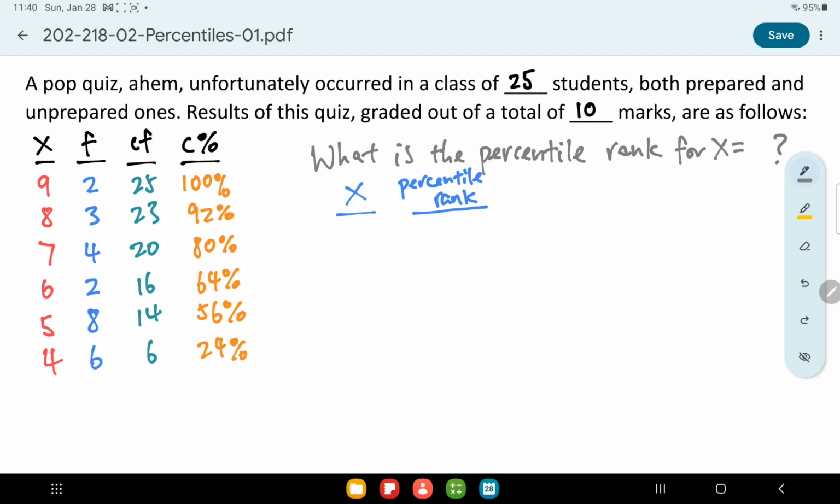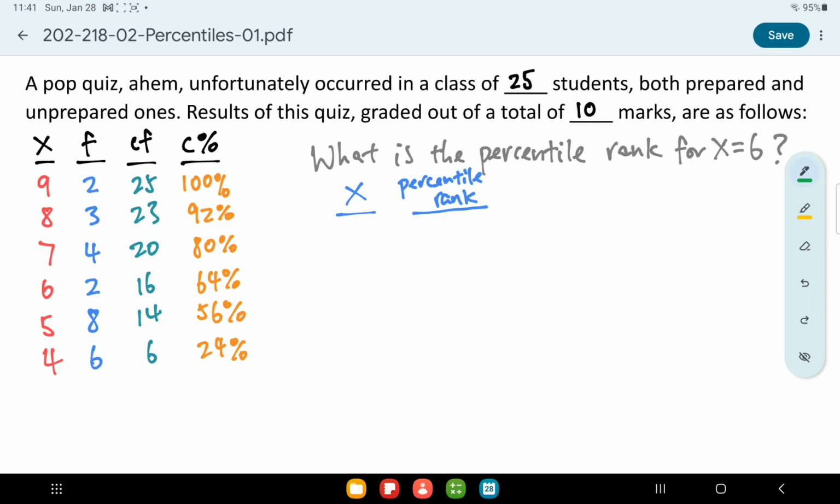Consider another question. We'll keep the entire setup right there, but change the question to what is the percentile rank for x equals 6? Let's just take a look at this. Now in this situation, what we need to do is, first of all, looking at x equals 6, the range within which we would find that information.